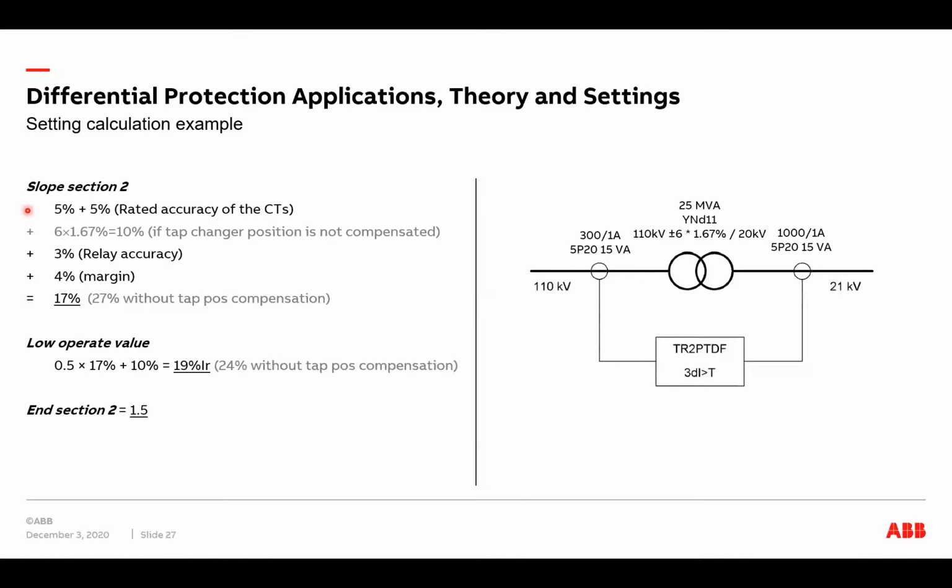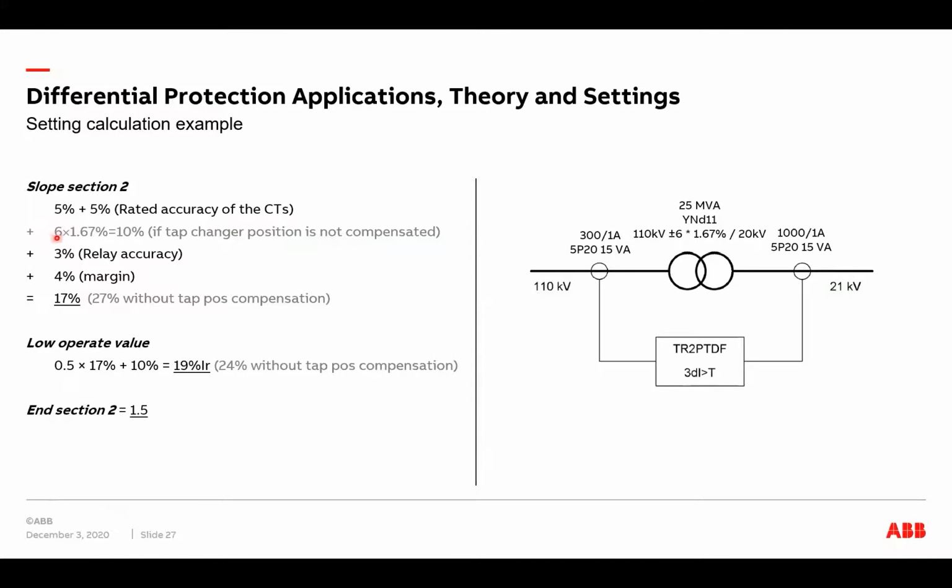So with numbers, this would then look like this. We take the rated accuracy for our CTs. We can see here that we have 5P20 15 VA CTs on both sides, so we use this 5 here on both sides. And in case we are not compensating for the tap changer position, we can see here that we have a tap changer which has 6 positions up and 6 positions down, and each step is 1.67%.